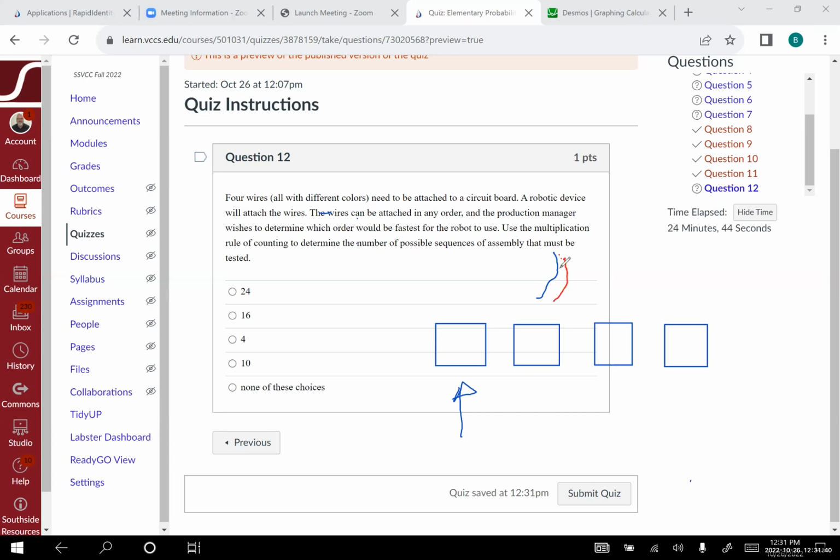You have these 4 wires, 4 different colors, and they're going to connect one each to one of these 4 boxes. So for that first box, how many wires do you have to choose from? 4.